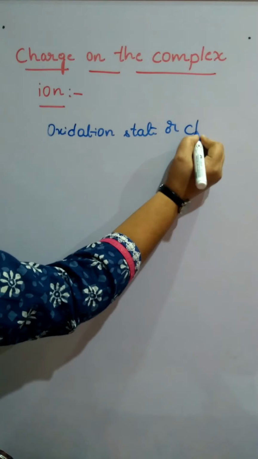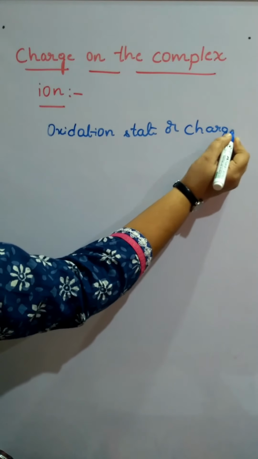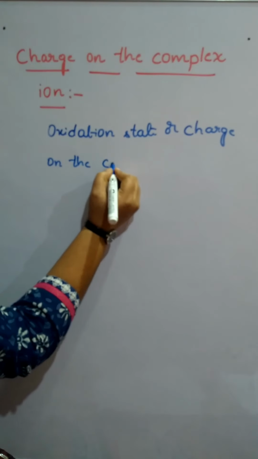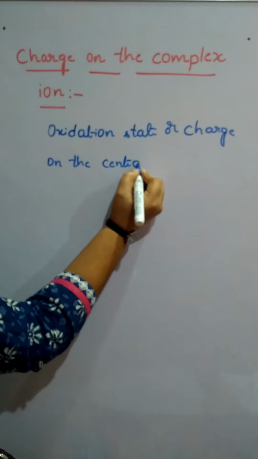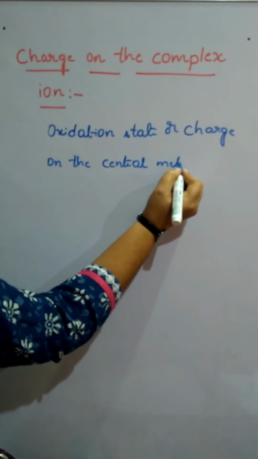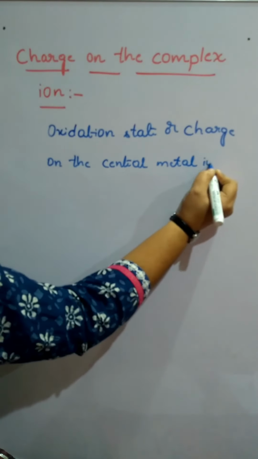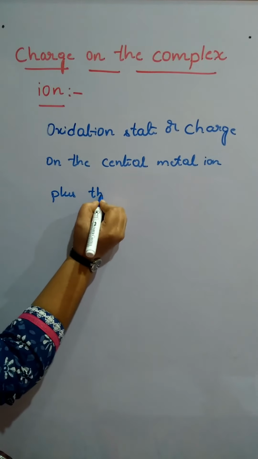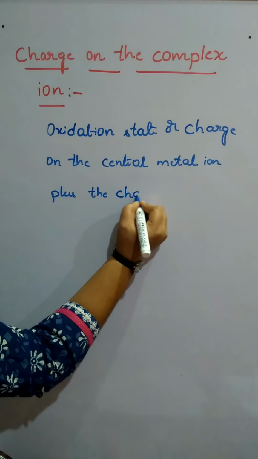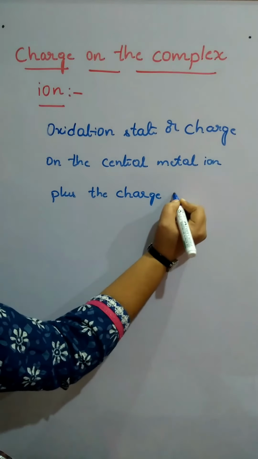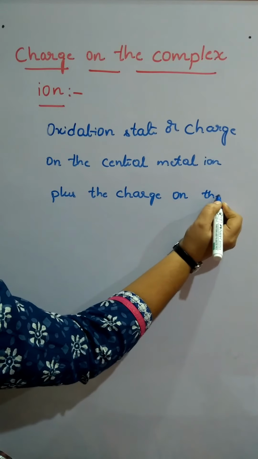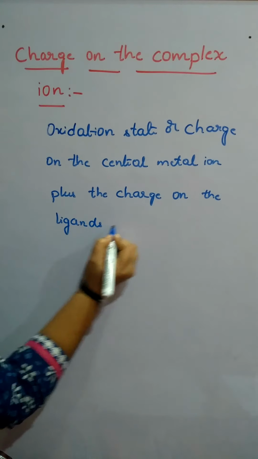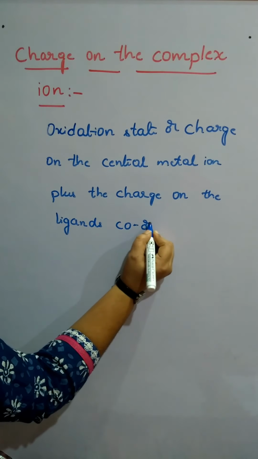Oxidation state is nothing but the charge on the central metal ion plus the charge on the ligands coordinated to it.